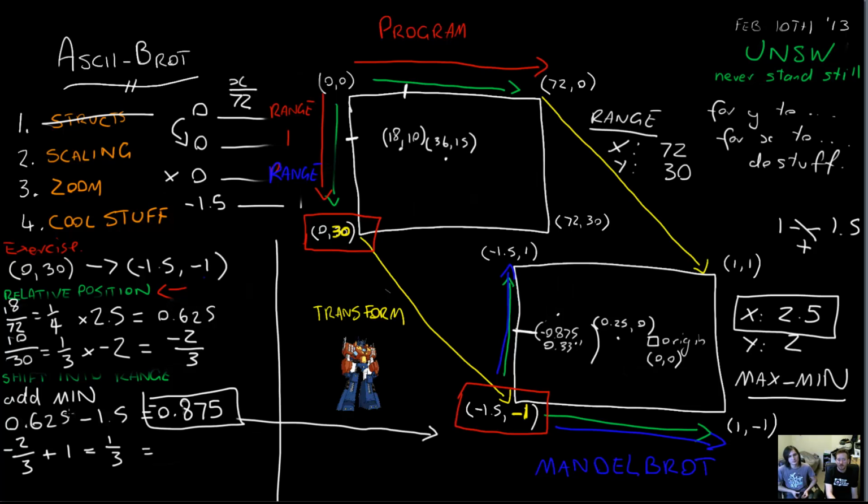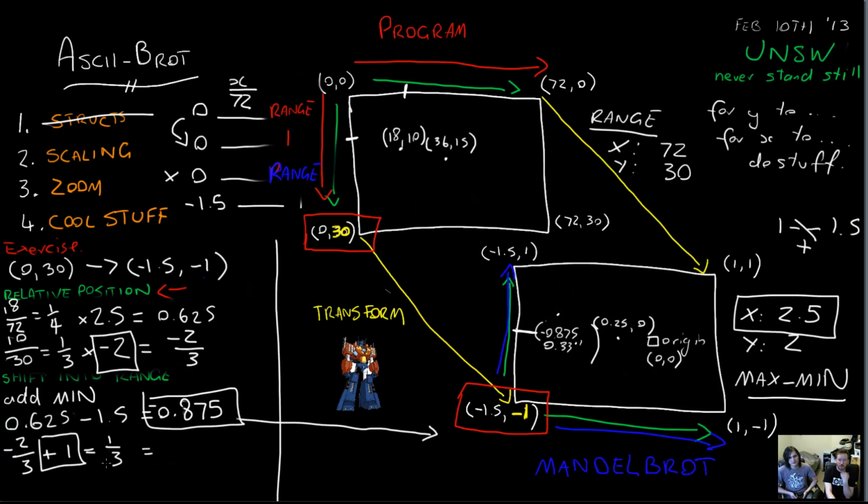Then take that value and add the minimum. For the y range, the differences are you multiply by the negative y range, and you then subtract the y minimum here, which will then get you where you need to be.